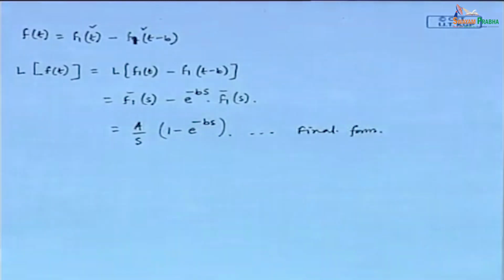Now, what is an example of the pulse function? If we consider the steam valve, open the steam valve at t equals 0, so that q changes by a units, hold at the new value for the duration of b, then return to the old value. Just try to remember that configuration, the graphical representation of the pulse function.